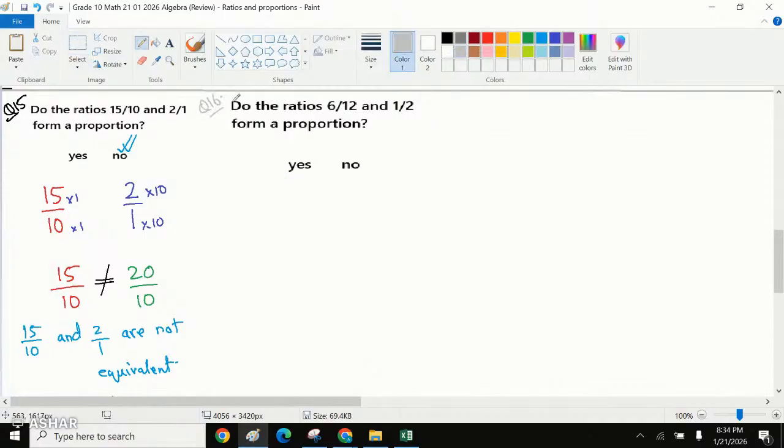Question number 16. The first ratio we have is 6 upon 12, and the second ratio is 1 upon 2. Either we change the denominator like we did in the previous question, or we reduce the fraction. We can write 6 as 2 times 3, and 12 can be written as 4 times 3, that means 2 multiplied by 2 multiplied by 3.